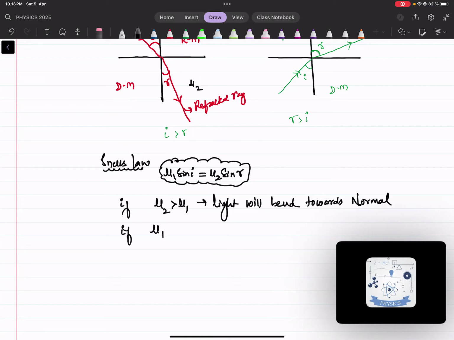The same way, if mu1 is greater than mu2, in this case light will bend away from the normal.